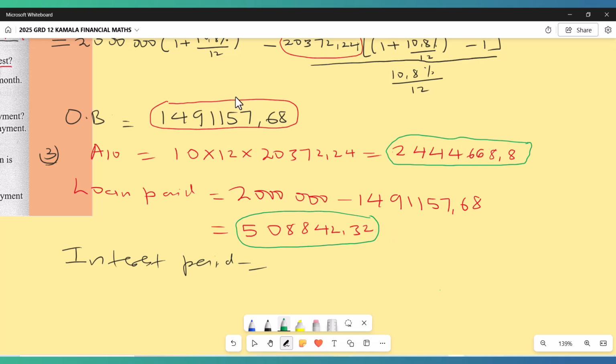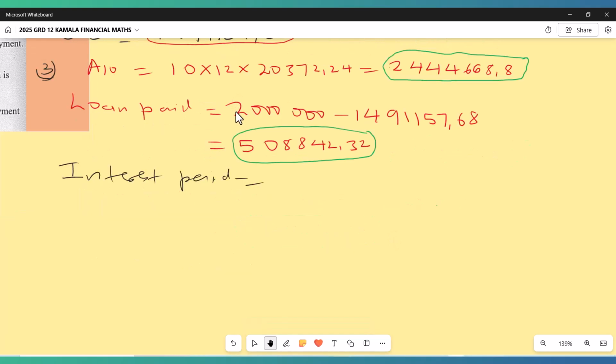Are we together? We subtract the part of the loan paid to see the interest that the bank has made.